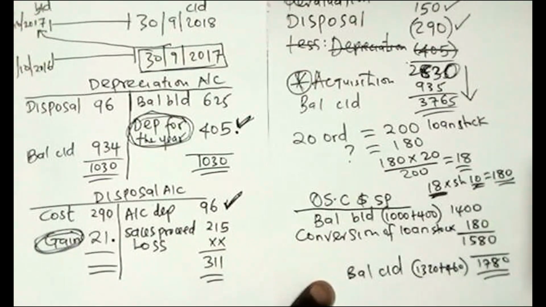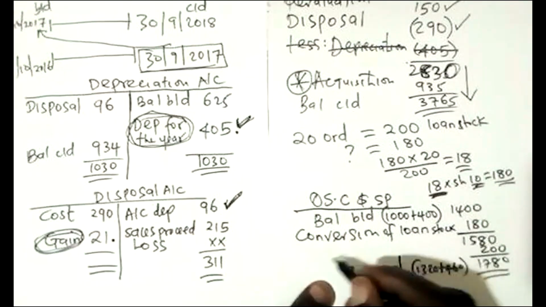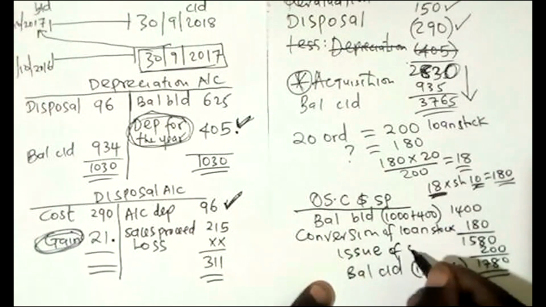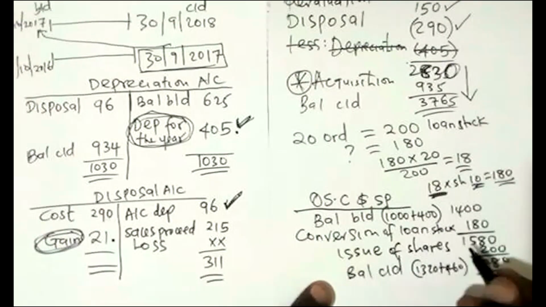So there's an increase from 1580 to 1780. So there's an amount of 200 which was received, and this one was through issue of shares. That is why they received the extra 200.